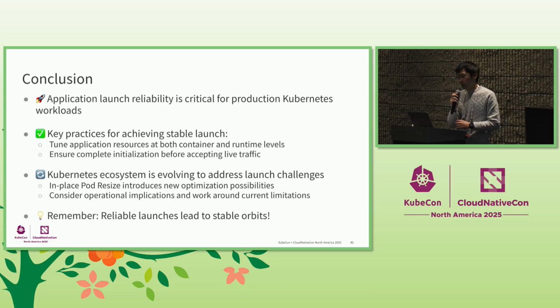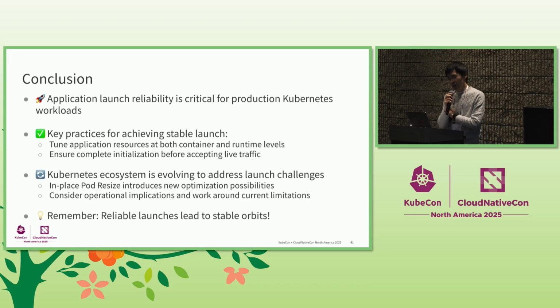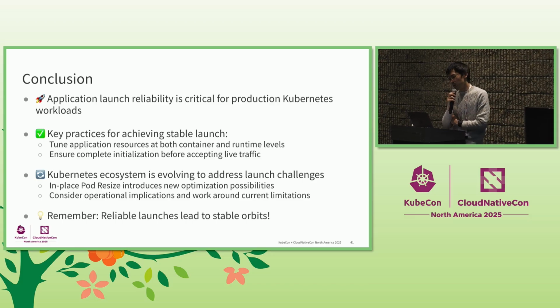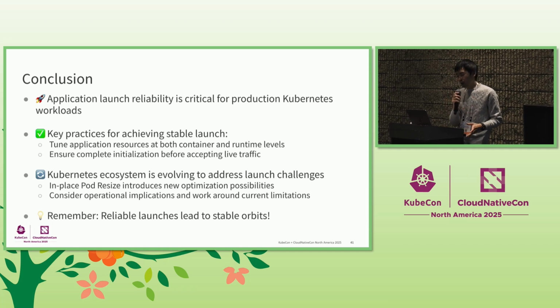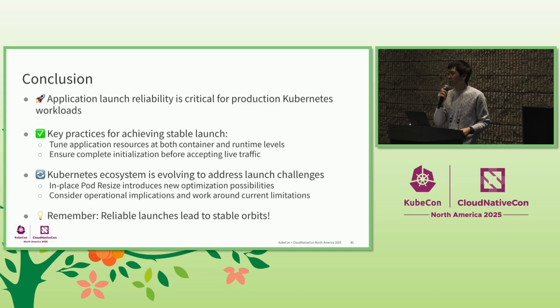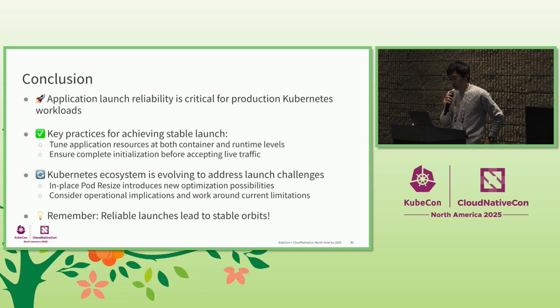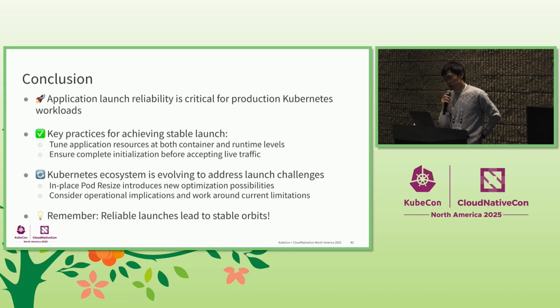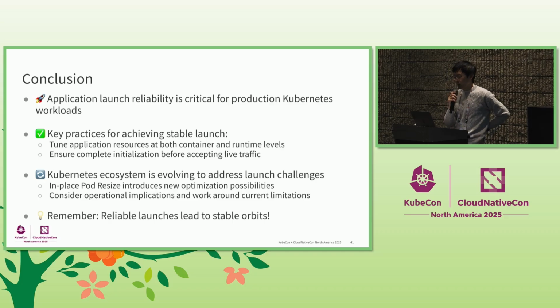I explained the need to understand the relationship between application behavior and Kubernetes controls to implement effective measures. Finally, I discussed how in-place pod resize could be applied to this topic. This feature will need careful consideration before production use. I look forward to contributing to its development with the community.